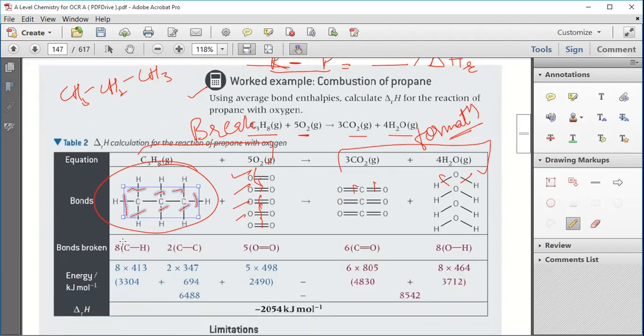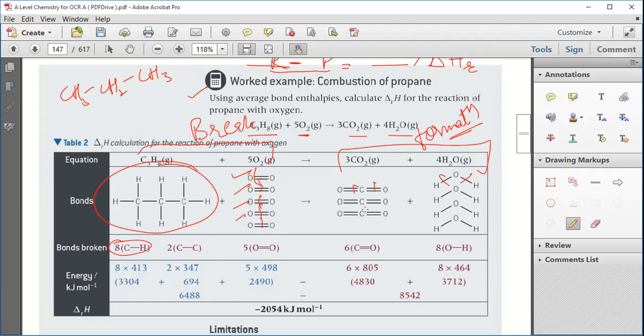In this C3H8, there are 8 CH bonds and 2 carbon-carbon bonds. Carbon-carbon first, carbon-carbon 2. Clear? Now there are 5 O double bond O oxygen bonds.